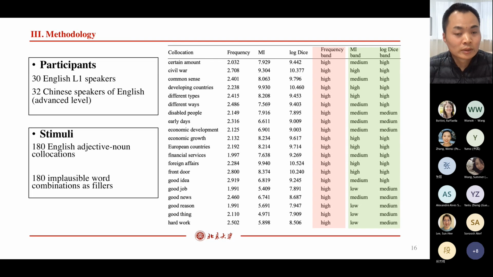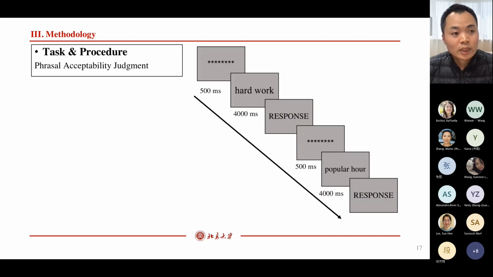So talking about the methodology, we had 30 English L1 speakers and 32 Chinese speakers of English, who were advanced speakers of English. I retrieved 180 English adjective-noun collocations from the British National Corpus, and I also generated 100 impossible word combinations as fillers. Then I used a phrasal acceptability judgment task for this experiment.